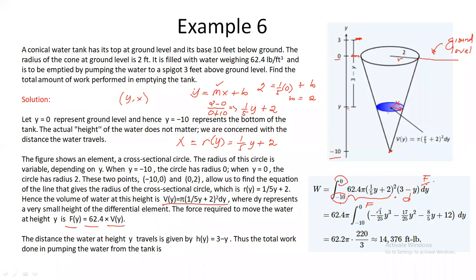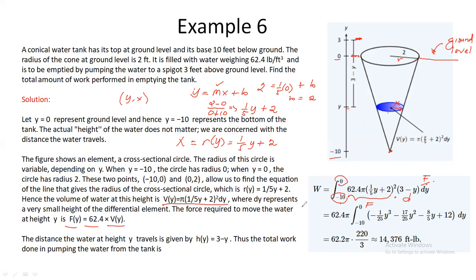The rest is just mathematics again, because after here, if you do expansion, you just square this one and then multiply it by 3 minus y. By power rule, this will be the corresponding expression that you will arrive at. And then by expansion, this is the expression that you will have.